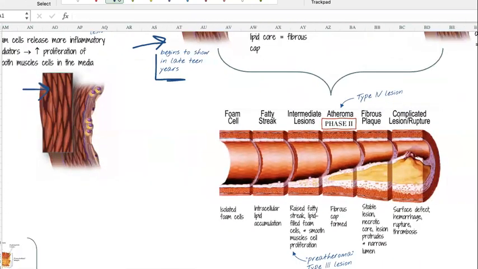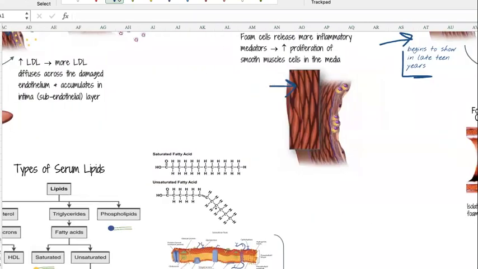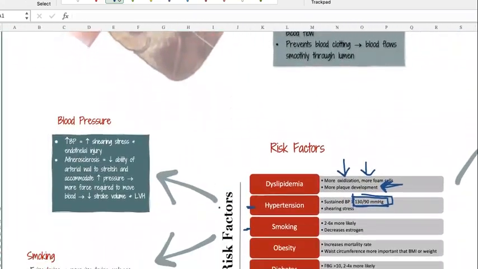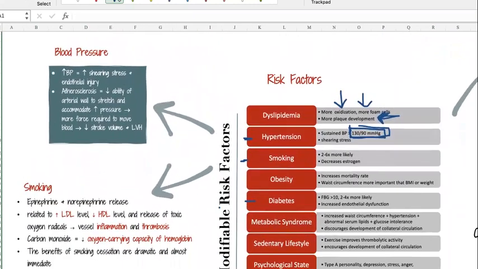If you look here, this was a much better view of how that wall gets thicker. And like we talked about, when that wall gets thicker, it's less elastic, it's not able to accommodate increases and decreases in blood pressure. And so that in itself is going to increase blood pressure. And then that blood pressure is going to increase the shearing stress. And it's a cyclical problem.